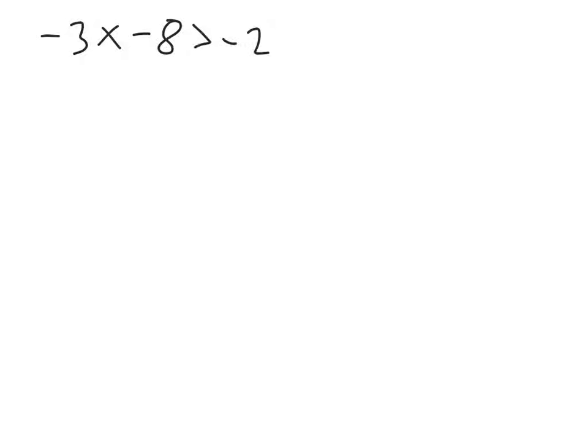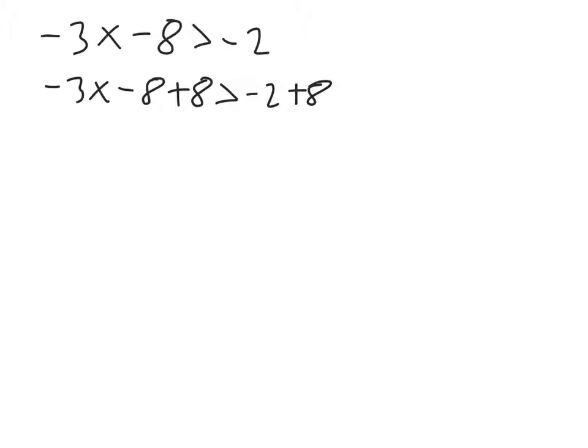Alright, next let's look at this problem. Like usual, first we want to get rid of this negative 8, so we add it to both sides. So we have negative 3x minus 8 plus 8 is greater than negative 2 plus 8.